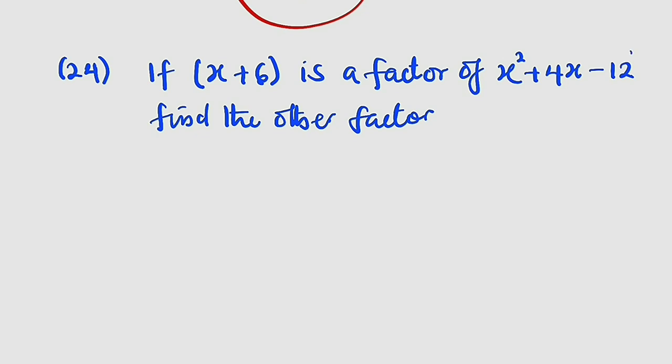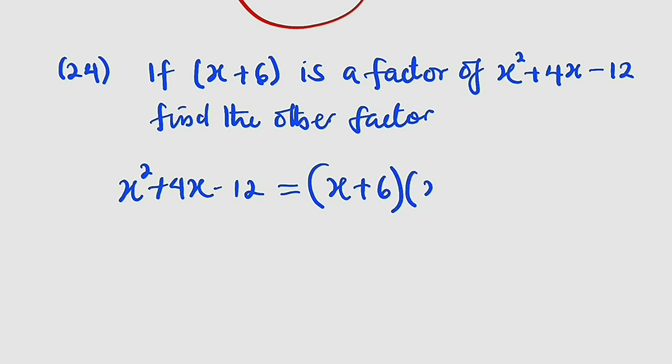So two numbers you can multiply to get negative 12, but the moment you add them together, you get 4. The numbers are 6 and negative 2. Therefore, x squared plus 4x minus 12 is equal to x plus 6 multiplied by x minus 2, because the moment you take negative 2 and multiply by 6, that will give you negative 12, and once you add them together, you get 4.